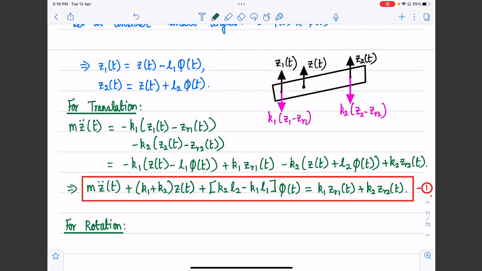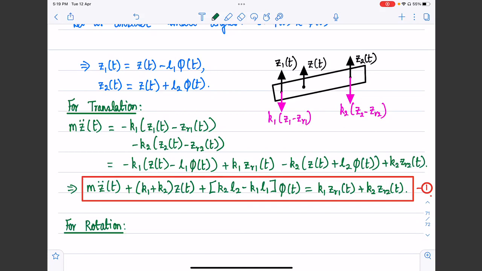The perpendicular distances will be L1 cos phi and L2 cos phi, but cos phi is almost 1. So we are essentially going to consider L1 and L2 as the arm lengths for these two forces. That's an approximation we are going to make.